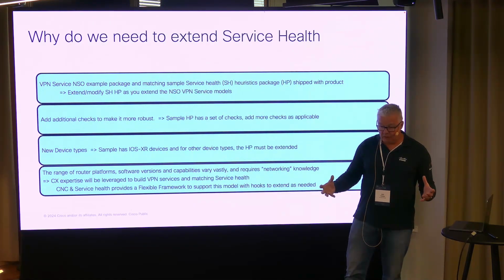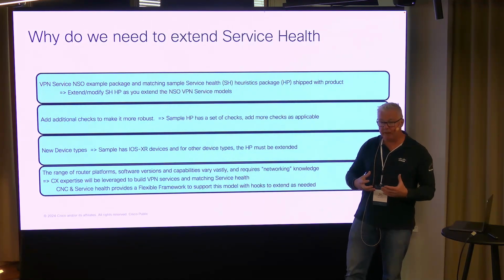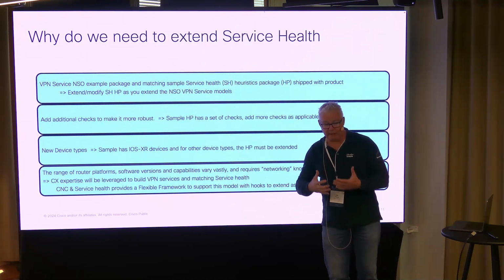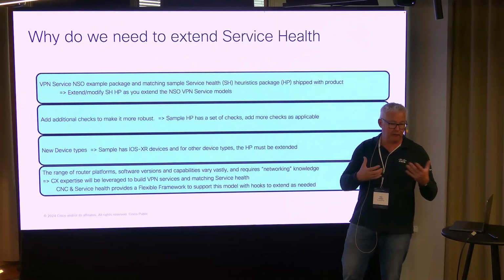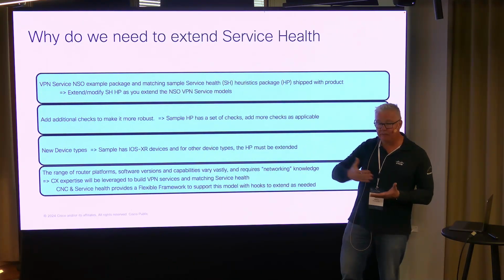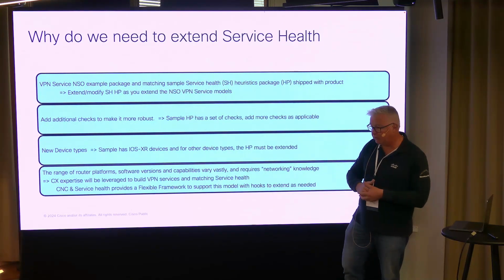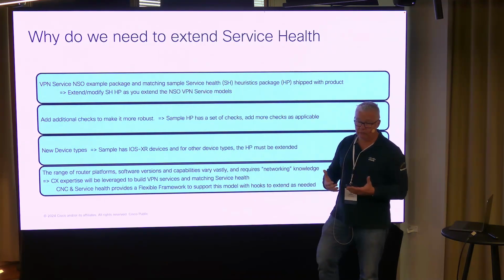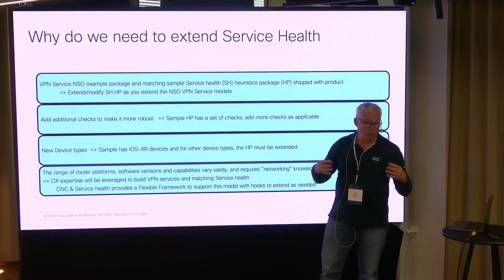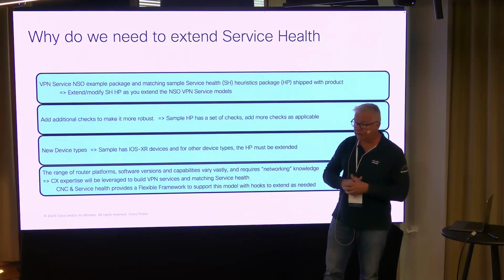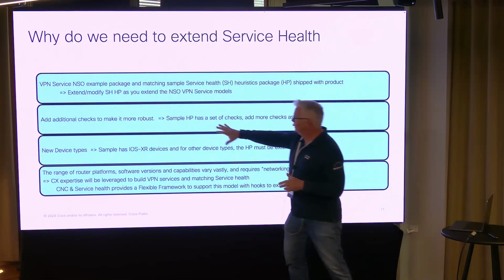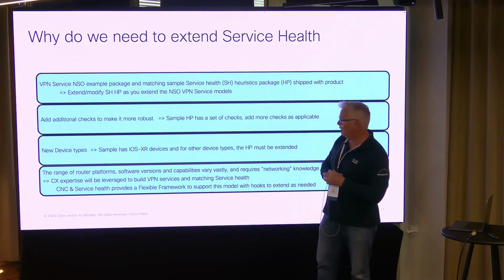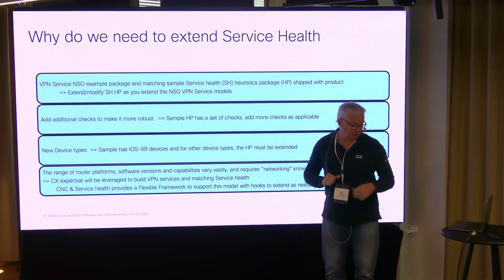All this definition comes into one package that we call a heuristic package. We provide some of them for layer 2 VPN, layer 3 VPN, and moving forward for all services that we support. But of course, you can extend those heuristic packages to put your own knowledge or your own information into them. So when you see HP, it means heuristic package.